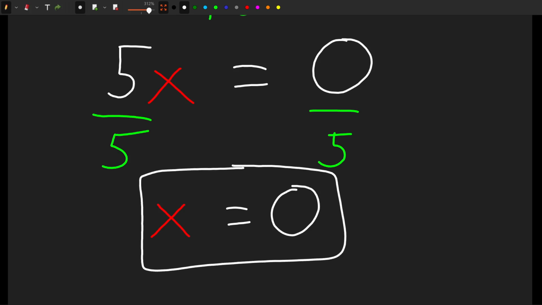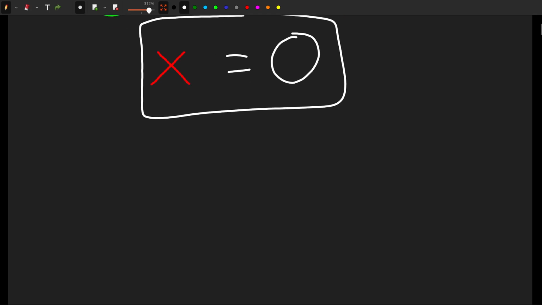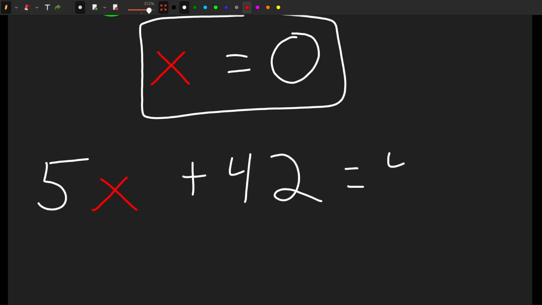So what that means is we need to plug in x equals 0 into our original problem. So I'm going to rewrite the problem we had, which was 5x plus 42 is equal to 42.